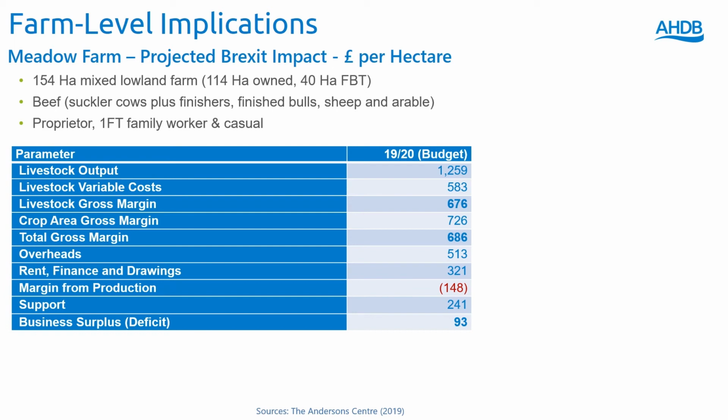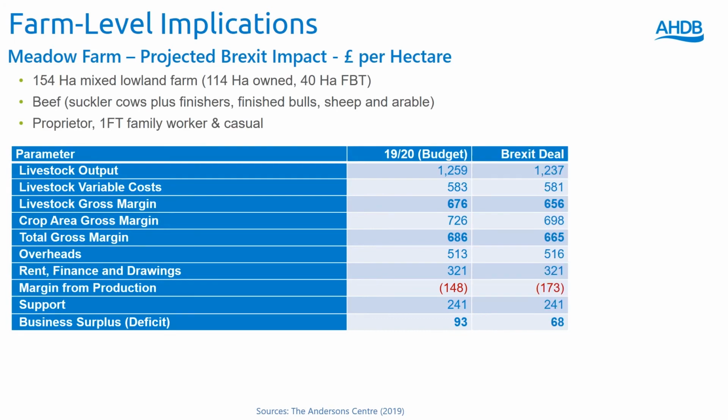2019-2020 period. So if we look at the Brexit impacts that we've spoken about being applied to this farm, firstly under a Brexit deal context, you can see there are some declines in terms of output because slight decreases in beef prices, some decreases in sheep meat prices taking place as well.